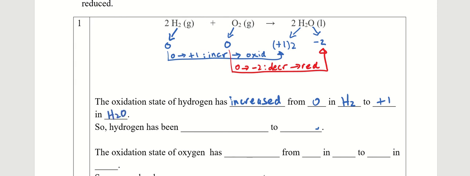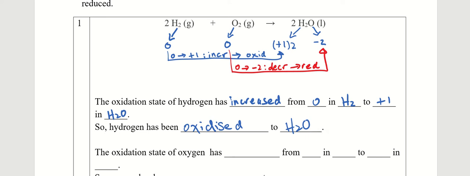Okay, so we say again that the oxidation state of hydrogen has increased from 0 in hydrogen to +1 in water. And because the oxidation state of hydrogen has increased, we say that hydrogen has been oxidized to water.